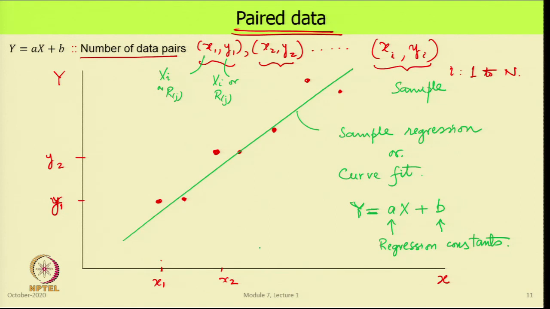So, this is our idea of what data pairs are and how, using one set of paired data, we get a sample regression or a curve fit. The method we have not looked at, but it will generate one sample regression or one curve fit for one sample of the form y is equal to a x plus b. A and b are the regression constants.